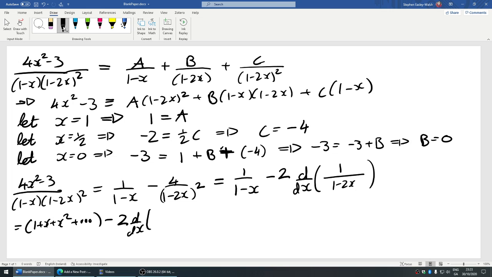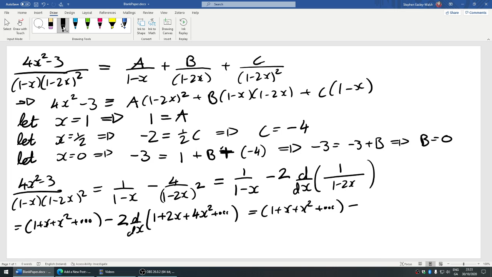And we know this Maclaurin series is the same as the first one, but instead of x, it's 2x. So that's 1 plus 2x plus 4x squared, etc. So that will equal 1 plus x squared, etc. minus 2 times the derivative of that.